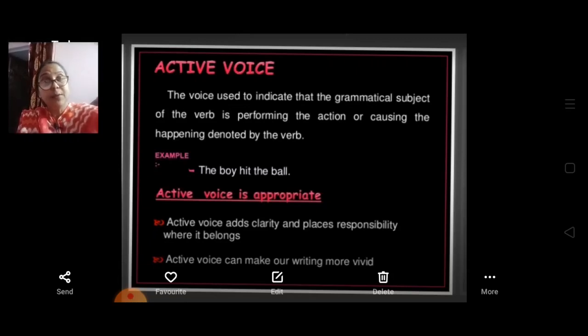So the subject is doing some action, but on whom, or with whom, or on which object he is doing the action, that is the question. So always remember that in an appropriate sentence the doer, the action and the object should be there. So that is the main concept of active voice.